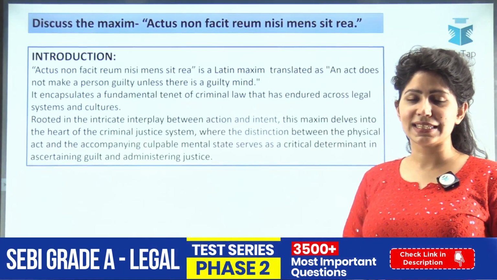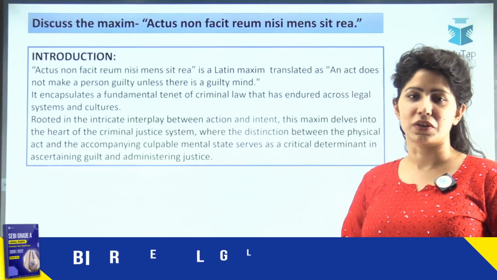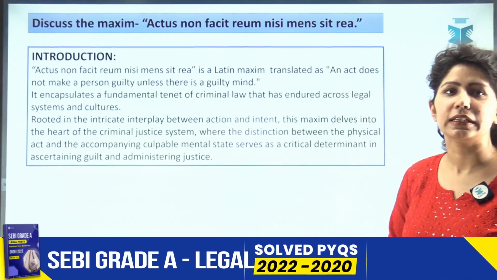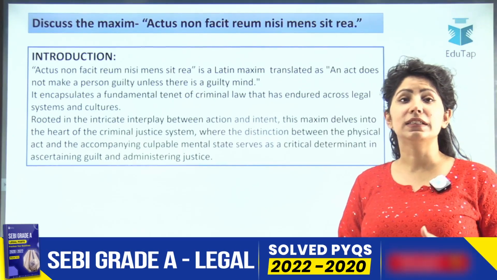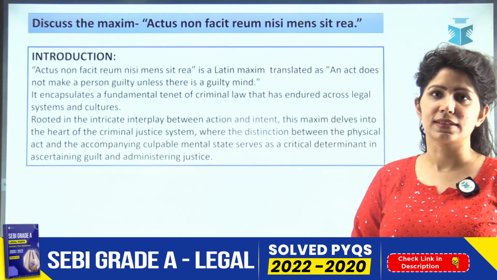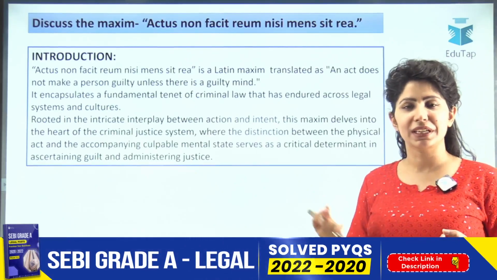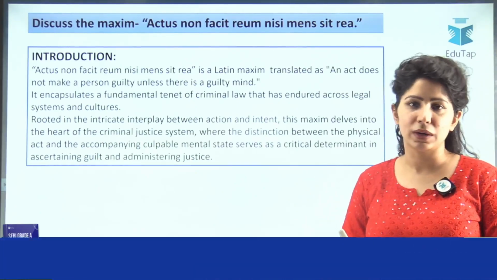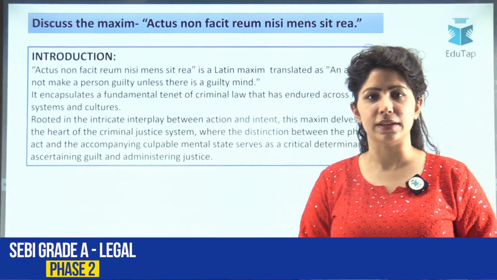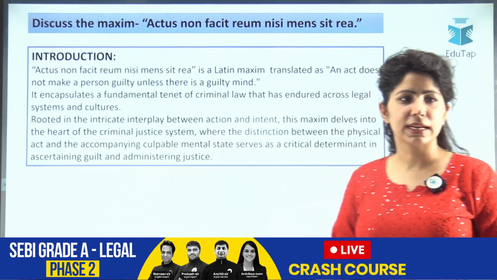So they are basically saying it differentiates intent from action, and this serves as a critical determinant in ascertaining guilt and administering justice. This is a little complex vocabulary that we're using here. You can write it in your own words as well, but make sure that you're writing the correct things.